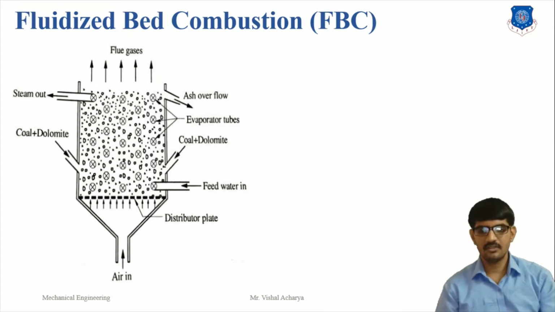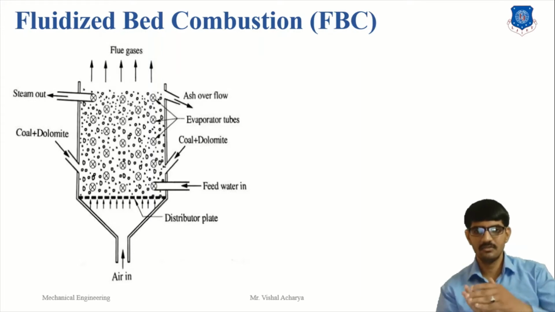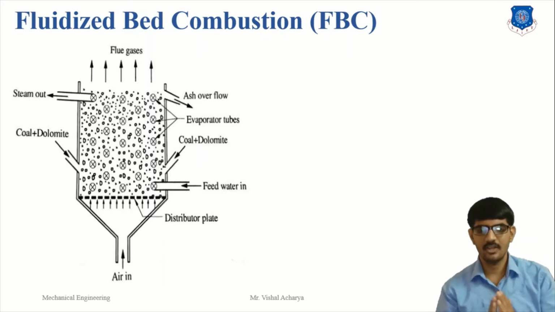The generation of high temperature, about 1650 degrees Celsius, in the furnace creates a number of problems like slag formation, superheater problems, evaporation of alkali metal in ash, deposition on heat exchanger surfaces, and formation of SO2 and NOx in large amounts.